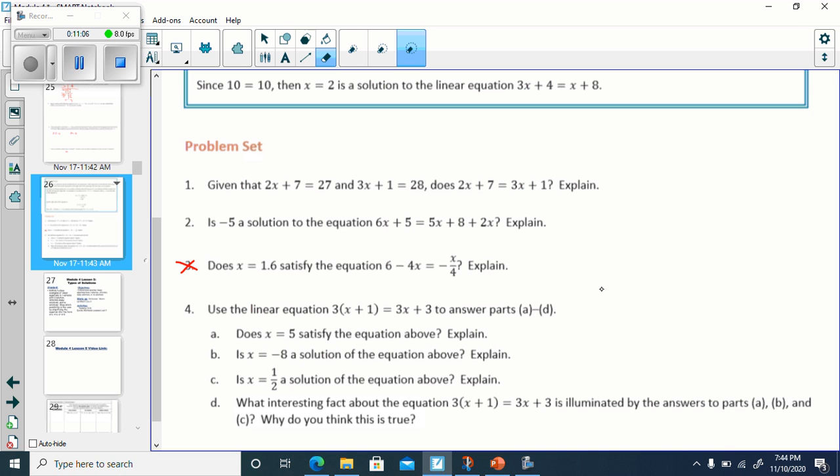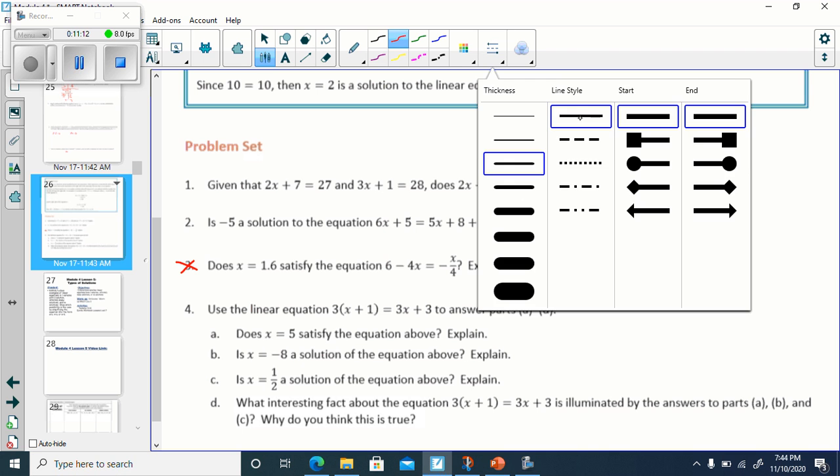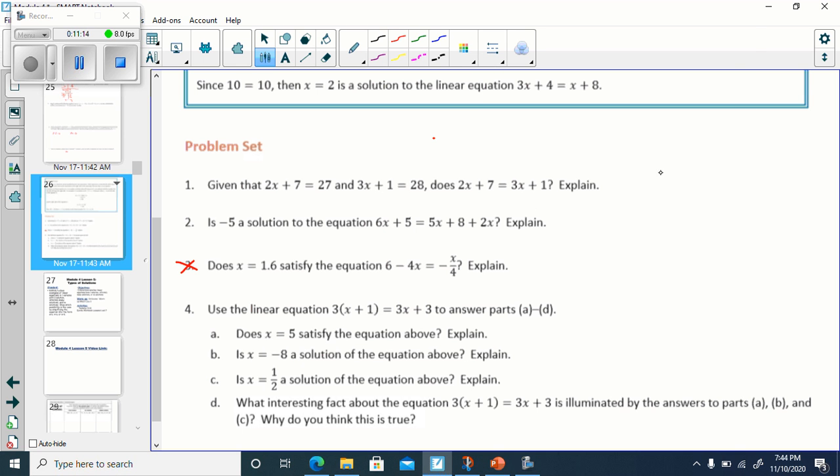Use the linear equation 3 times x plus 1 is equal to 3x plus 3. Does 5 satisfy it?